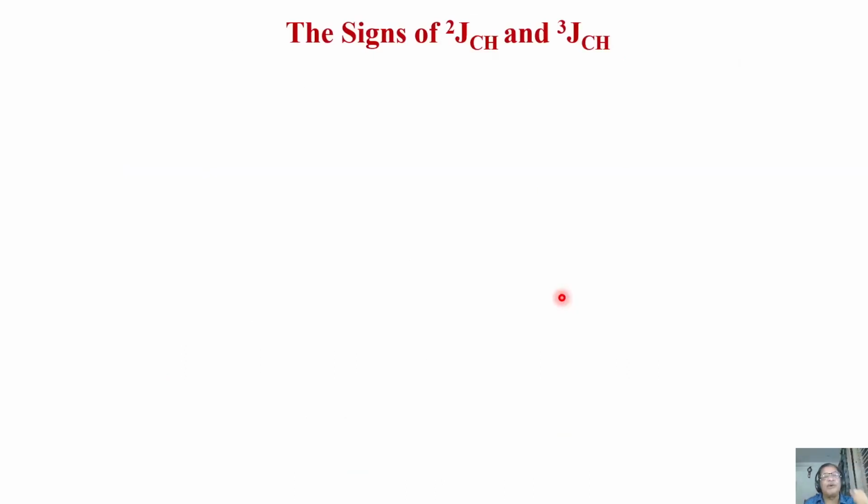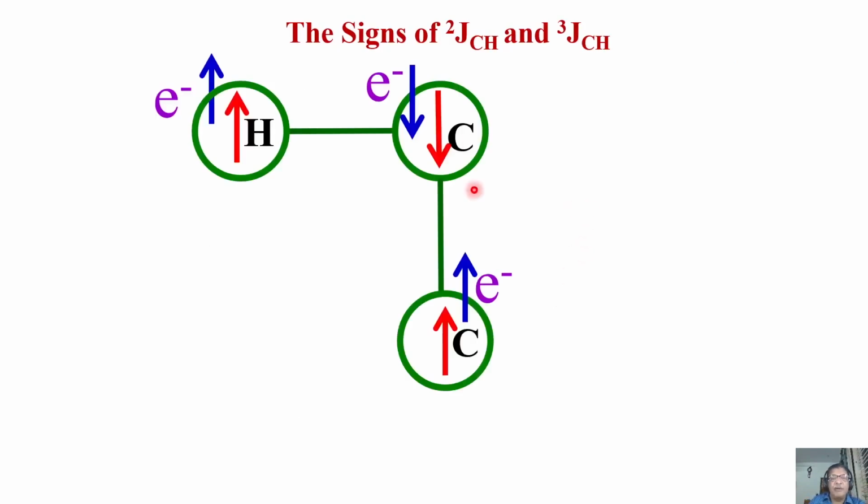Now let us go for the sign of two-bond JCH and three-bond JCH. I'm considering only proton-carbon. Up to this point we understood that this proton forces this carbon to orient opposite to itself. Now continue further. Because this is oriented like this, as a consequence this forces the next to orient like this. You understand what is happening?